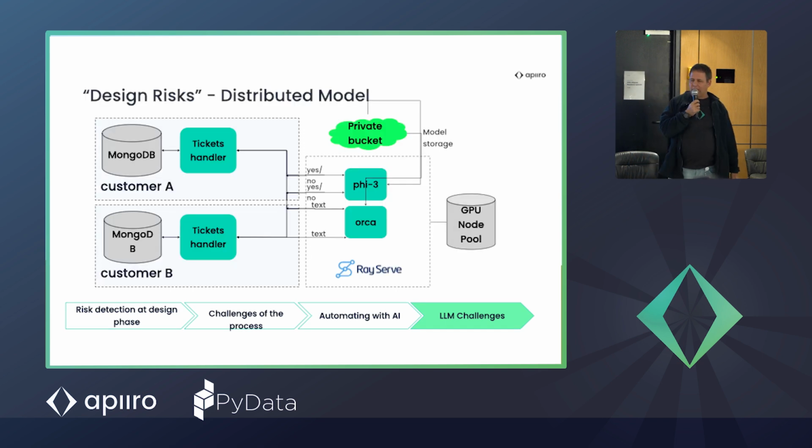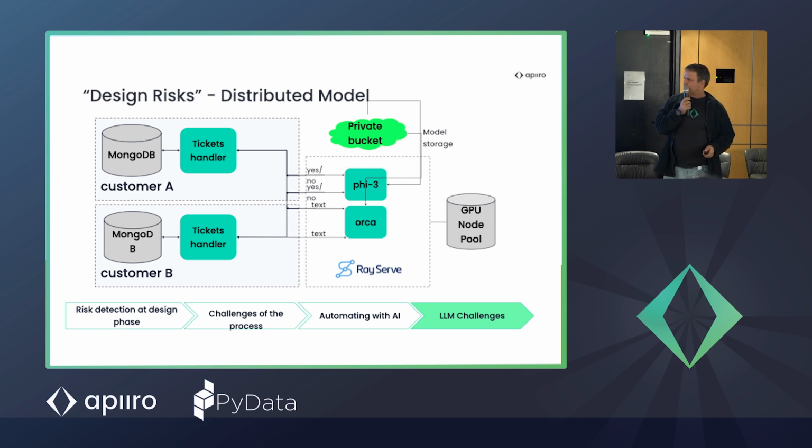This is mainly for Ray. It's a basic design of our system. We have, for example, here 2 customers. Each of the customers has its own tickets. The tickets are sent first to the Phi model, which was fine-tuned to our task. The Phi model tells us if this ticket is risky or not.